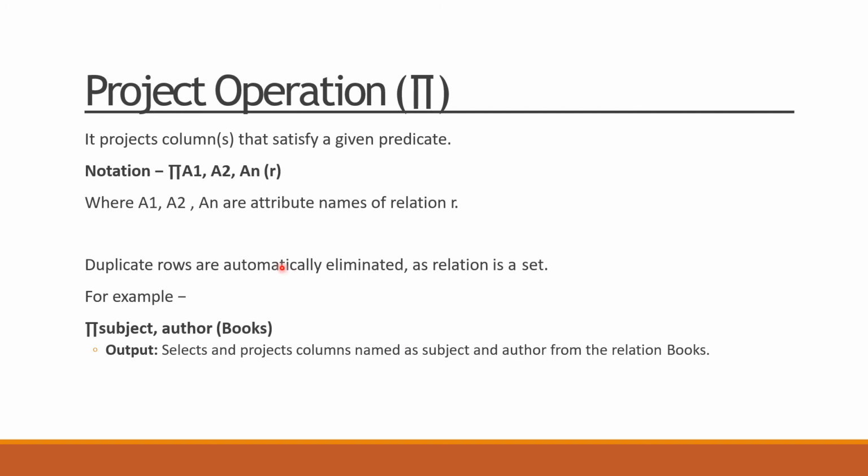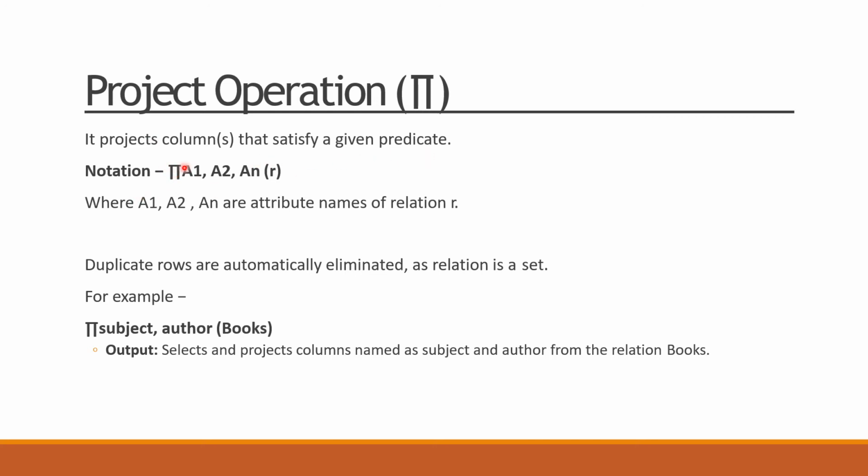So if we require subject name or author name from the table books, we will have to apply this project operator, and the output selects and projects column names subject and author from the relation books.